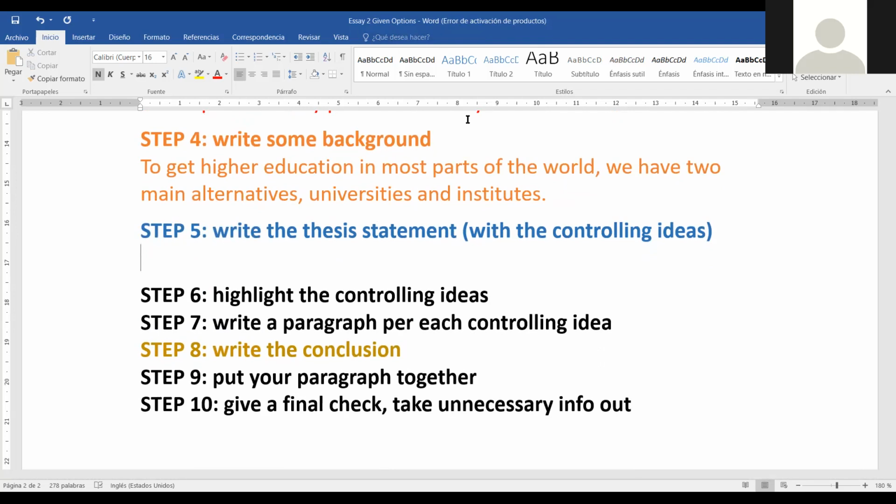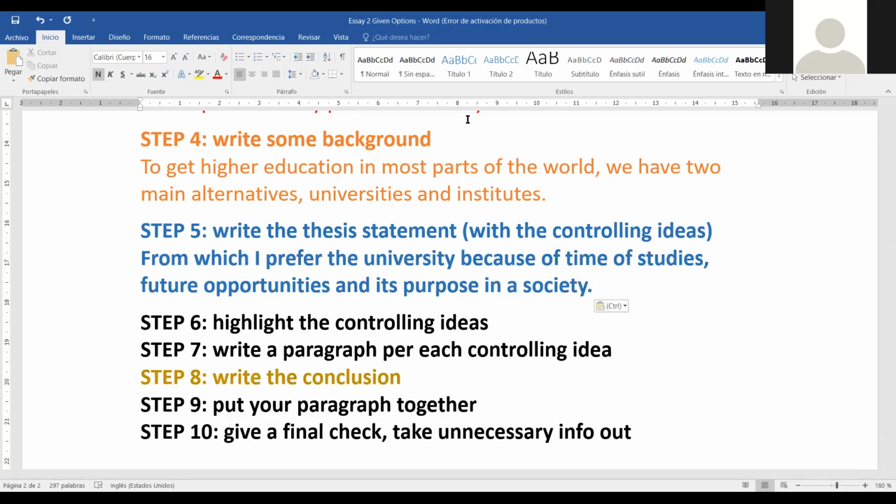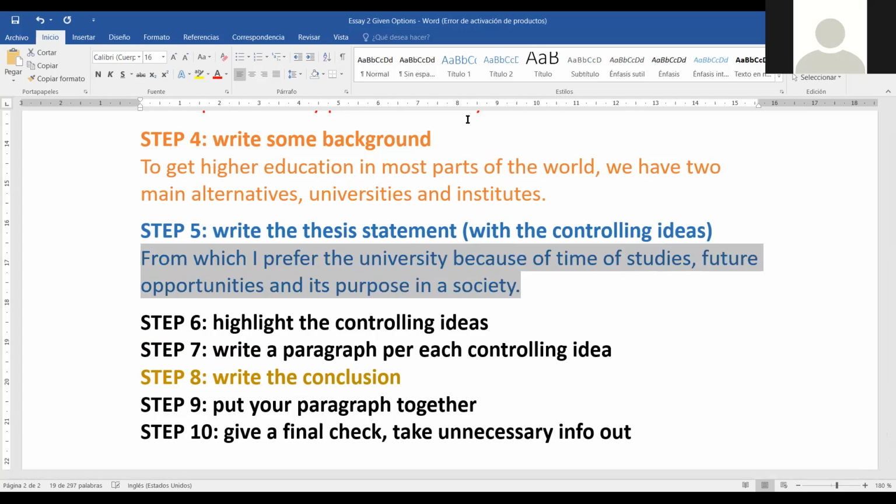So now we are going to proceed to the thesis statement with controlling ideas. This part is probably the most difficult.